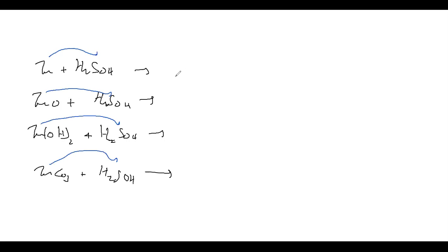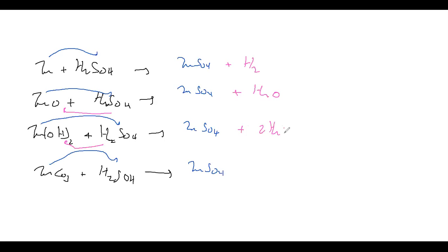This is a salt. Plus, the first one will produce hydrogen. The second one will produce water. The third one will produce water also, but balanced with a 2. The fourth one will produce water plus carbon dioxide.